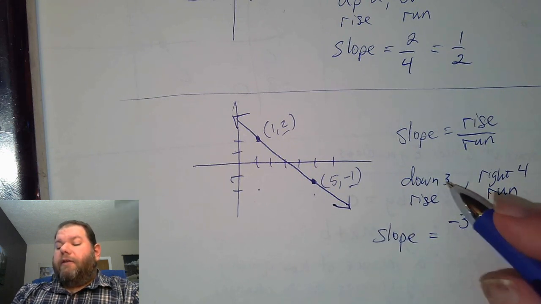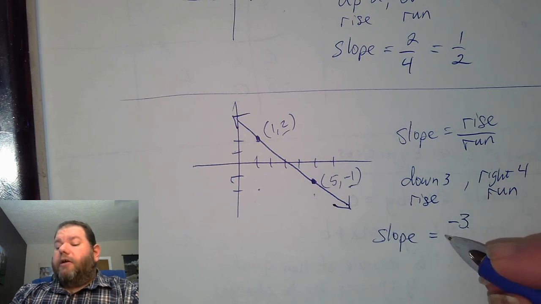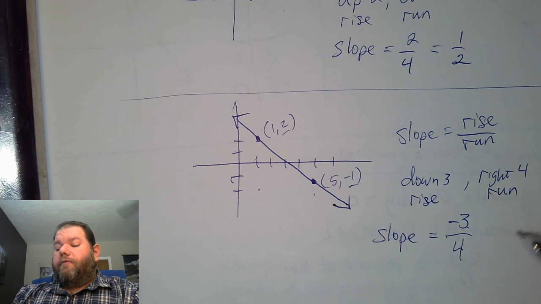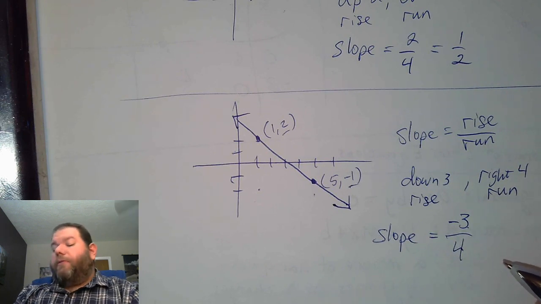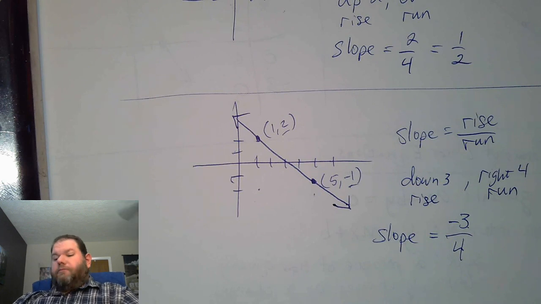So we'd say it's a negative 3. That means it's down 3. And then right 4 is our run, so over 4. And so that would be our slope in this case. Okay.